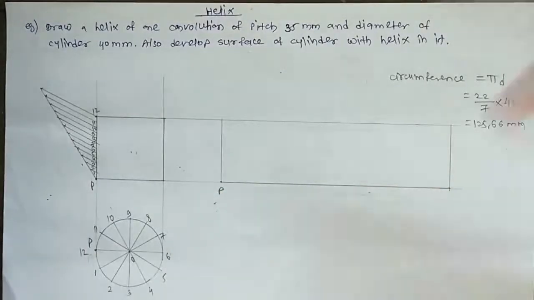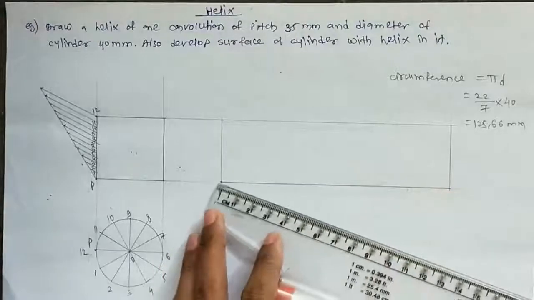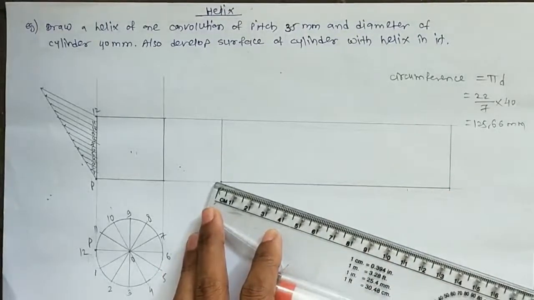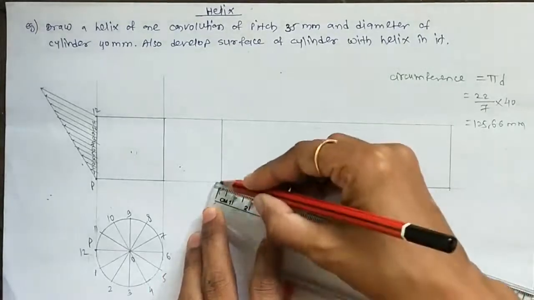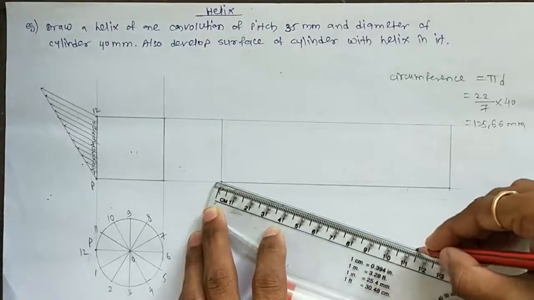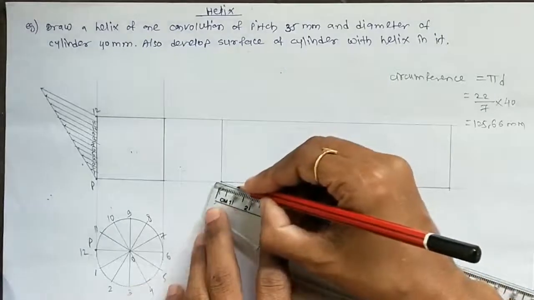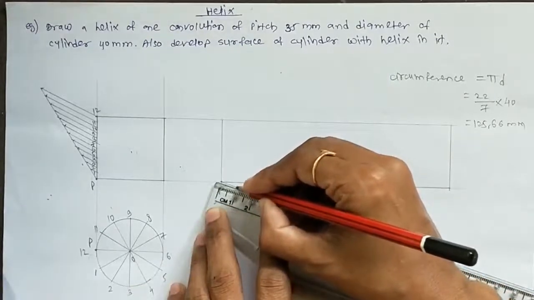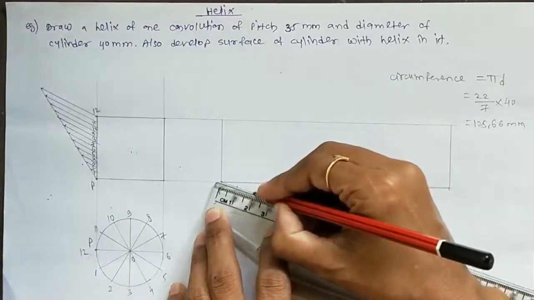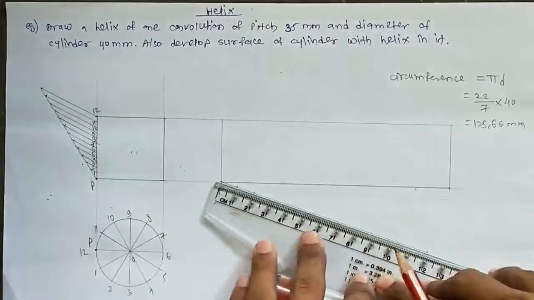Now divide this length into 12 equal parts. So again use same method. Take any line at any angle having distance 120 mm. So each point will occur at 10 mm distance from each other.